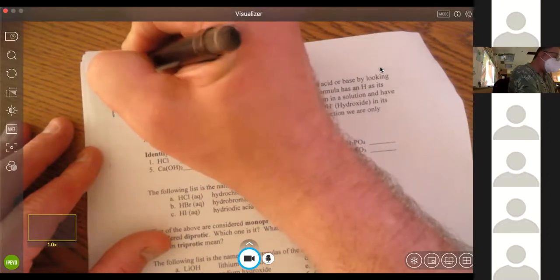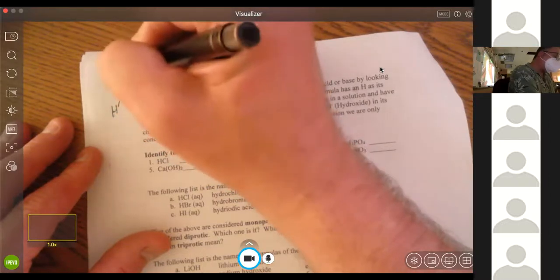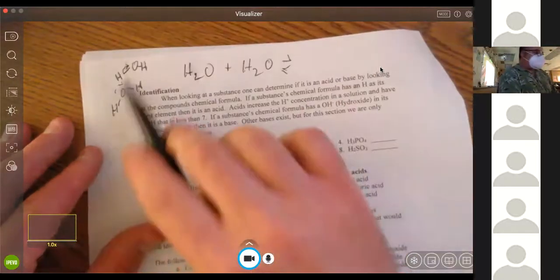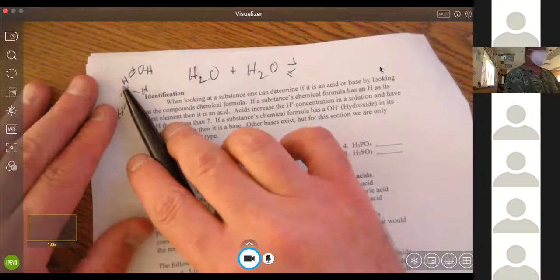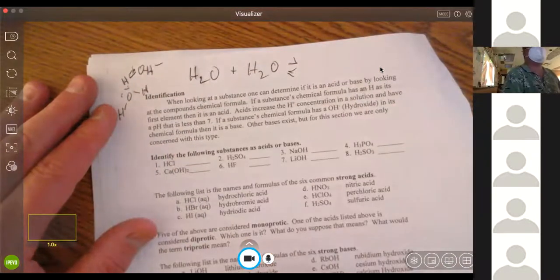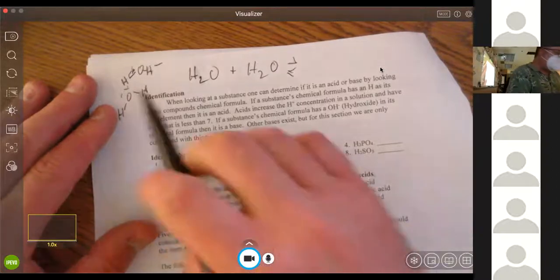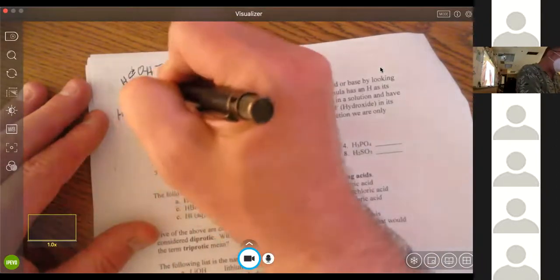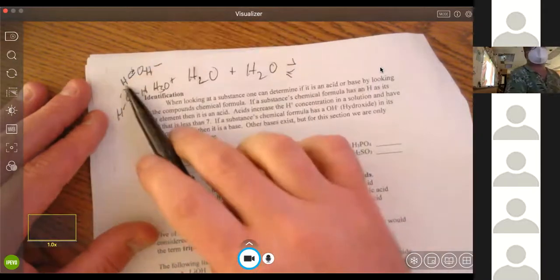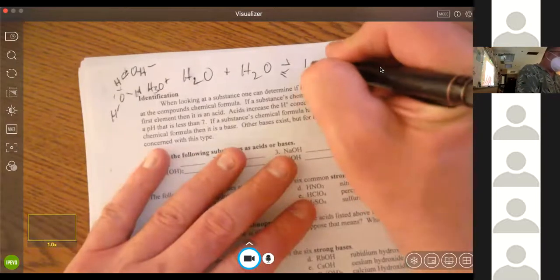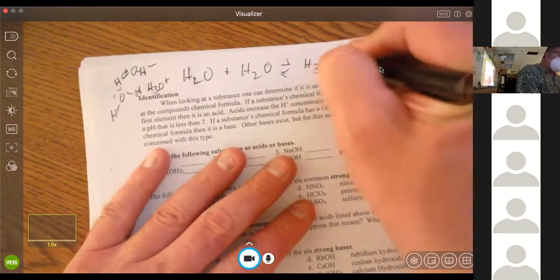You show a little arrow going this way, showing the bond going back to this oxygen. It can grab that hydrogen off of there, and that makes this hydroxide have a -1 charge because it has an extra electron. And this hydrogen right here becomes what we call H3O plus, because it has this extra proton or hydrogen ion. So this is called self-ionization.